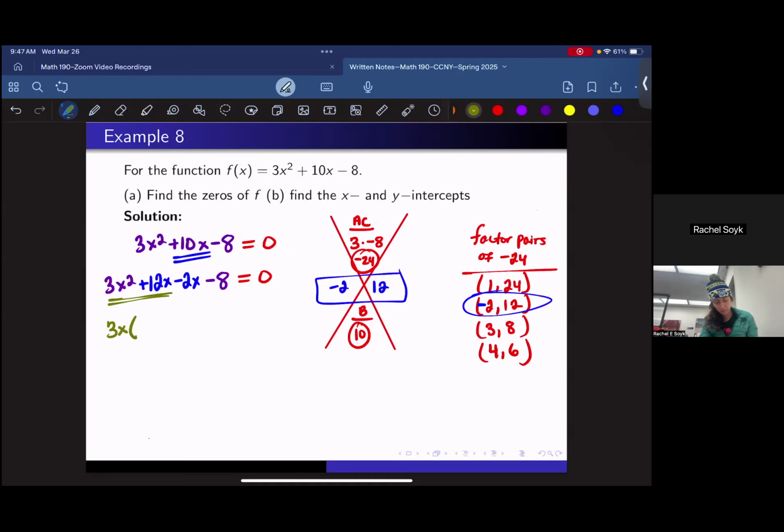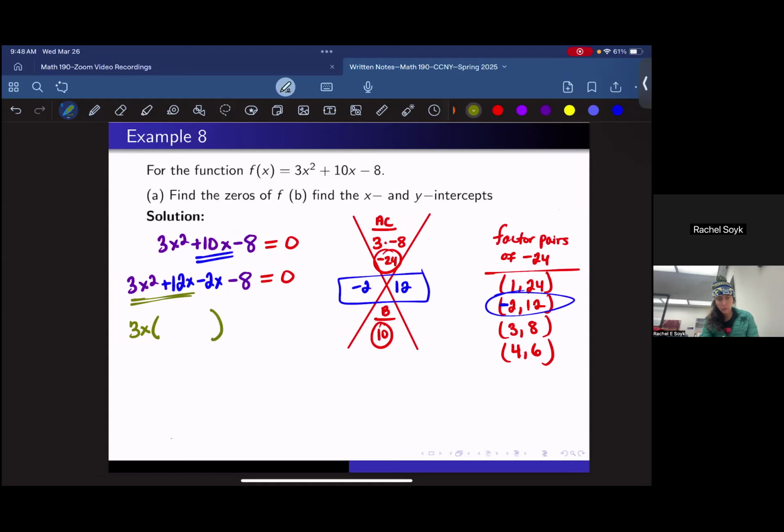We're going to pull out a 3x from those first two terms. And when we do, we get x plus 4 in the parentheses. And then for those last two terms, let's pull out a negative 2. And then we'll be left with x plus 4, once again in parentheses.